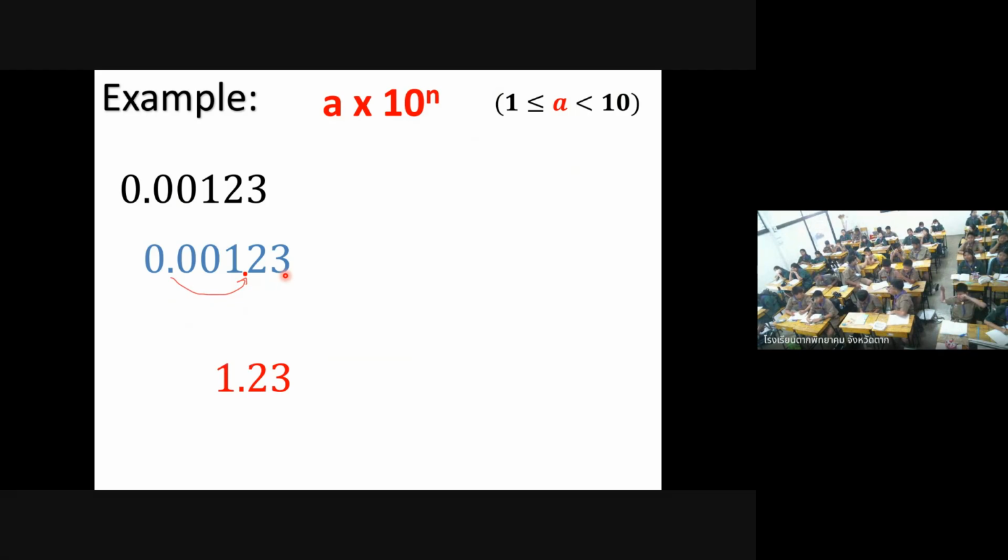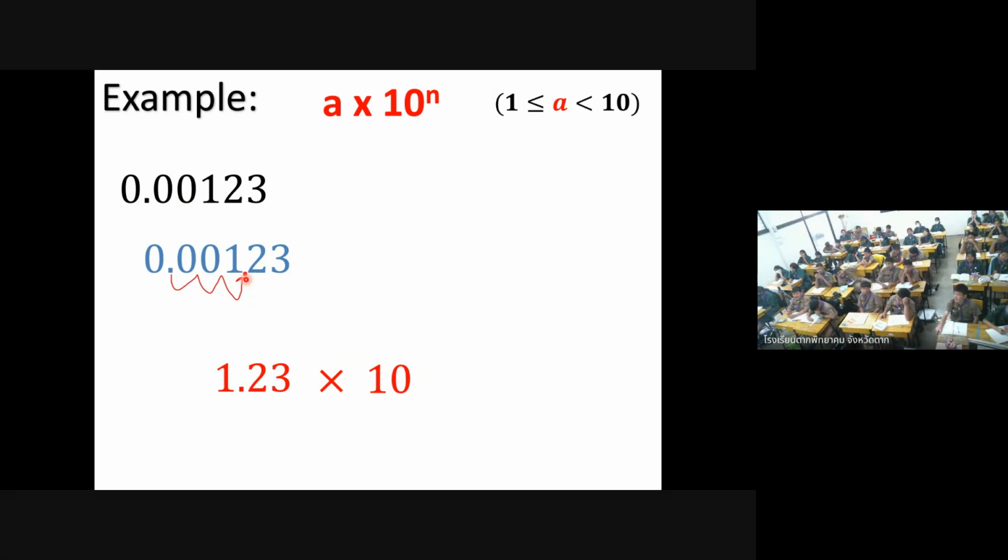1.23 times 10 to the power of, what is our exponent? Okay, wait. The movement is how many times? 1, 2, 3. From left going to the right. What's the exponent?